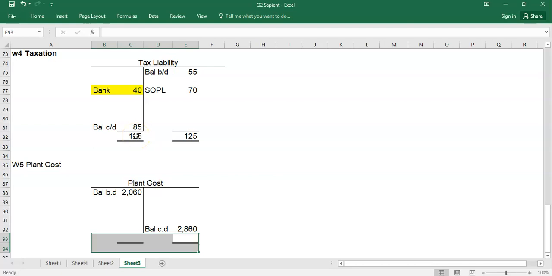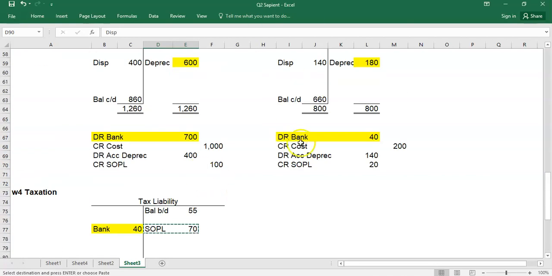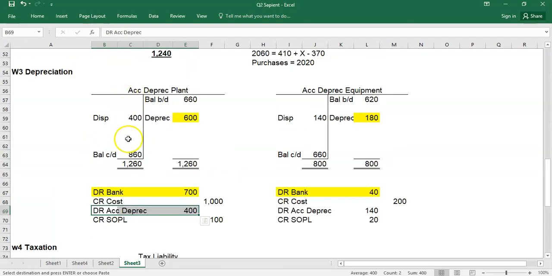There's two things that move your plant cost. Your disposal, which we've talked about already. So what a lot of students do is they end up forgetting the disposal. We said that credit the cost 1 million. That entry has to be in. We adjusted for the P&L entry. We adjusted for the bank entry. We adjusted for accumulated depreciation here.